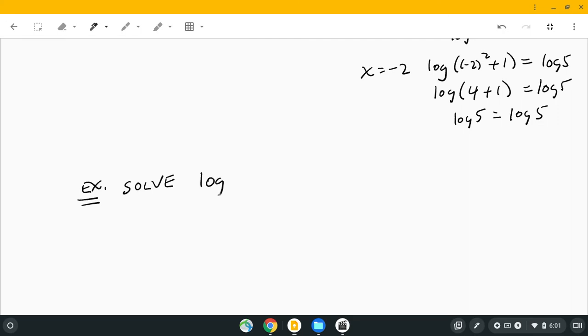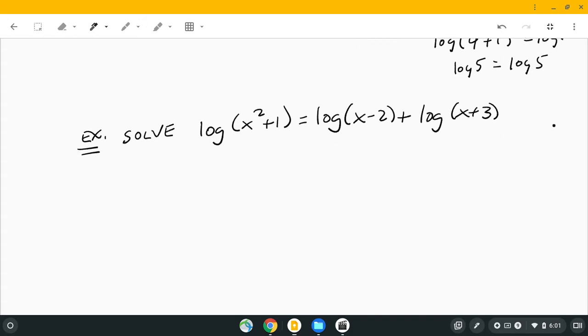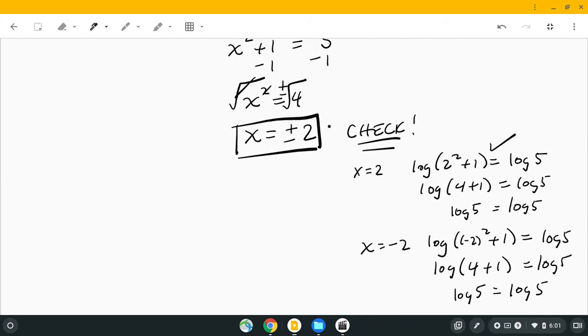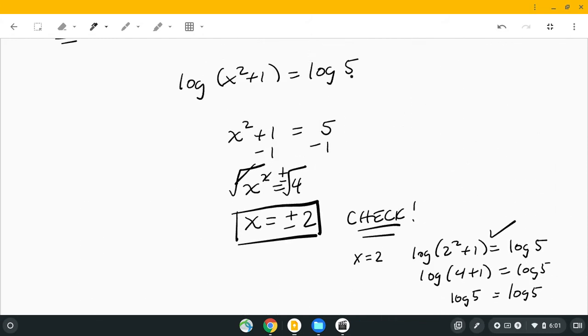Solve log of x squared plus 1, which equals log of x minus 2 plus log of x plus 3. Okay, so I was saying that you can use this idea of setting the x squared plus 1 equal to the 5 if you have a single log here and a single log there, right?